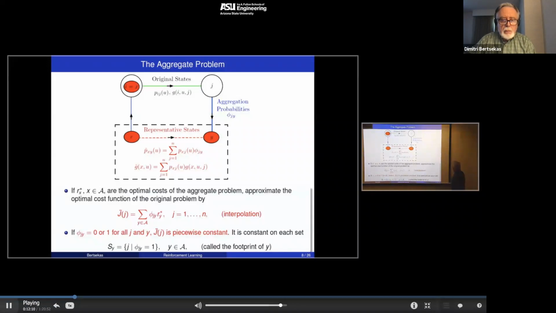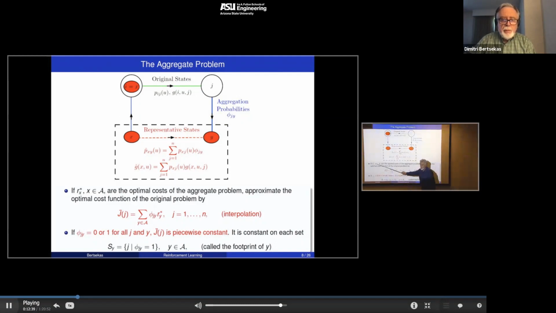And if you consider this set here of all j's for a given y, the set of all the j's that map onto that y, which I call the footprint of this representative state, then j tilde is constant on this set and takes the value r stars of y. Okay? So this is a small dynamic programming problem.